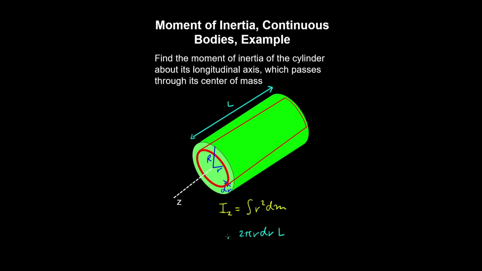And multiplying the density gives us the differential mass. And then dividing by the mass of the cylinder, well, that's equal to the density by the volume of the cylinder. And now we can do some cancellations. Substitute for dm.